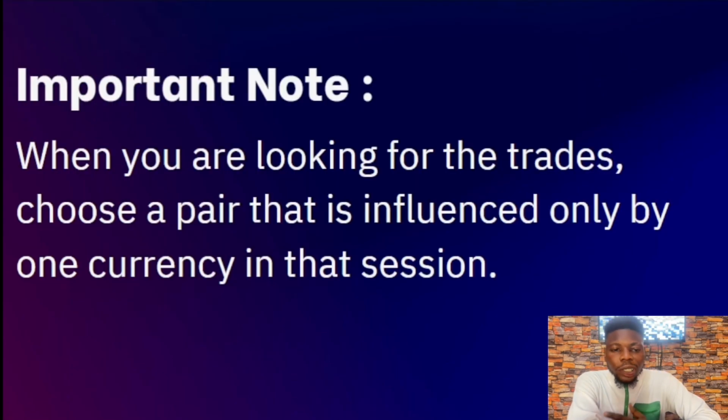So here's an important note: when you are looking for a trade, choose a pair that is influenced only by one active currency in that session, like pound yen, euro yen, dollar yen in the Asian session.